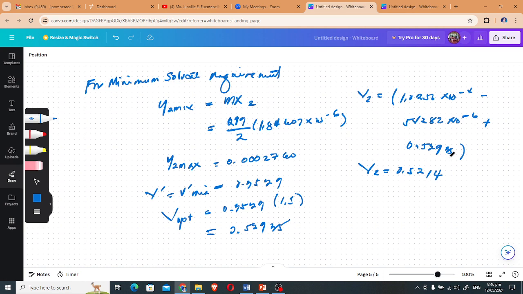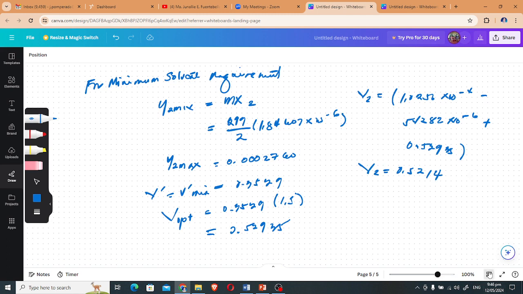The reason why you need V2 is because you need to get the gas absorption factor for the bottom and the top of your column. So this is your V2 now. You'll need this in the absorption factor at the top of your column.